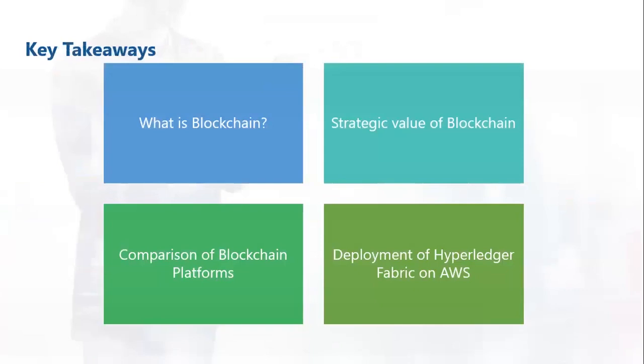During this webinar, we have essentially captured what blockchain is and what strategic value it brings for your business. Essentially, we identified cost reduction, and on a long-term basis, it can help transform your business models. We walked through the comparison of various blockchain platforms using the parameters of designing a distributed system, like transaction rules, determinism, and conflict prevention.